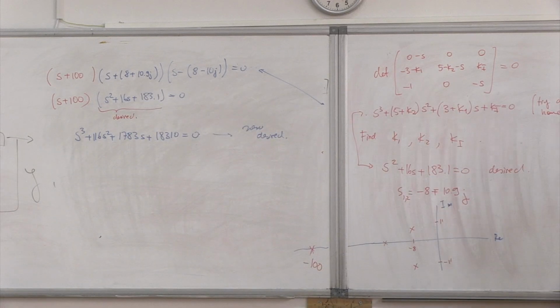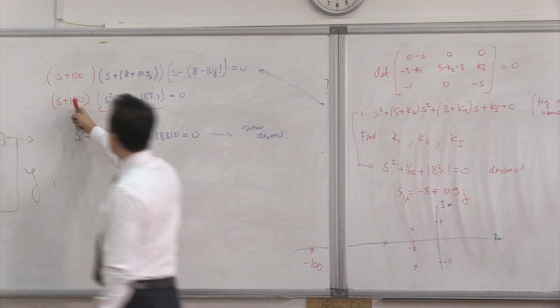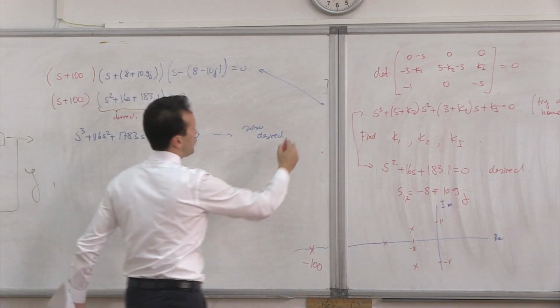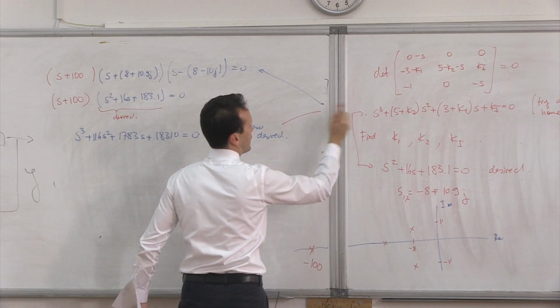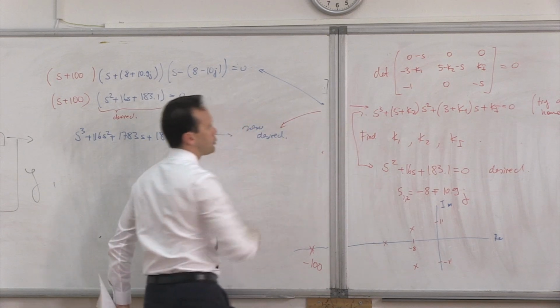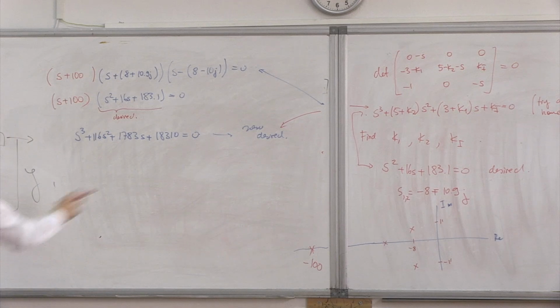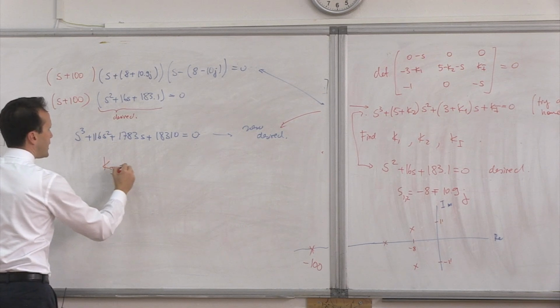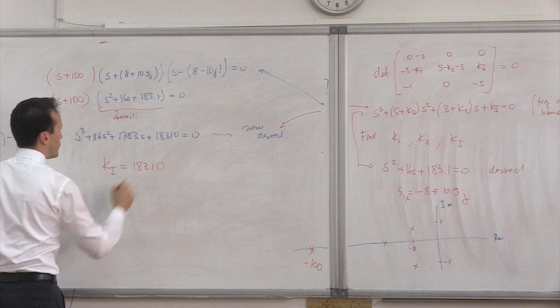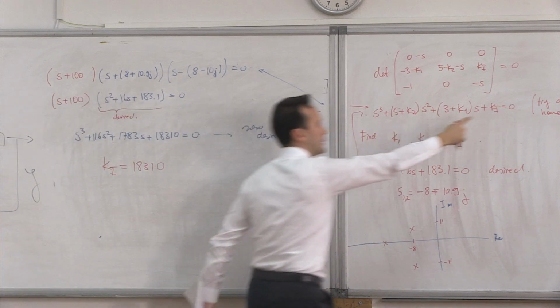This is the new desired, and I introduced a new state, a new pole at 100. So compare this one with that. Now you can find K2, K1, and Ki. I can tell you immediately Ki is 18310, right? This one is equal to that.